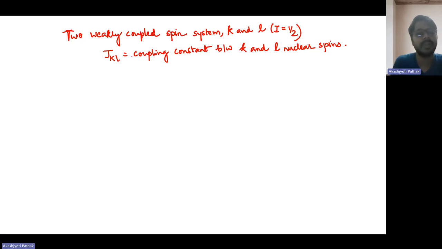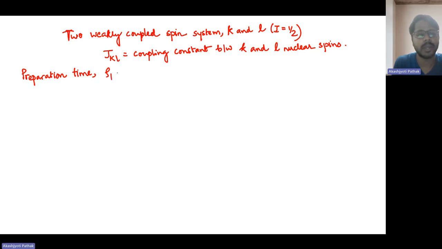Now, the density operator of the spin system at the beginning of the experiment, in the preparation time. What will be the density operator?